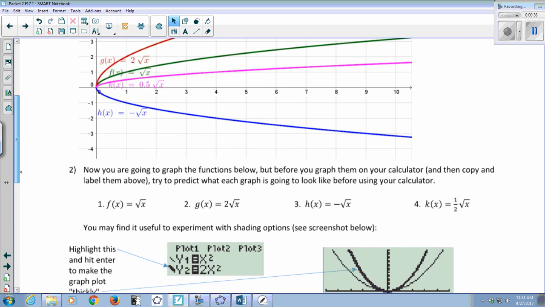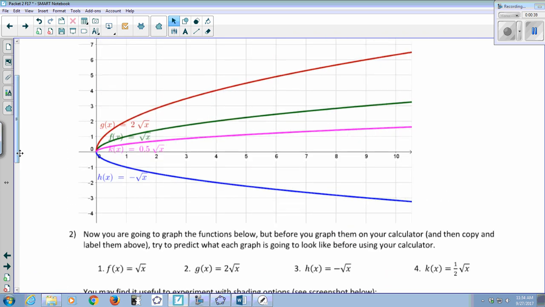So let's look at f and g here. So my green graph and my red graph. So look at some corresponding points, so some points with the same x value. So I've got one here and here. So my y value goes from 1 to 2. So it might be helpful to list the points here.